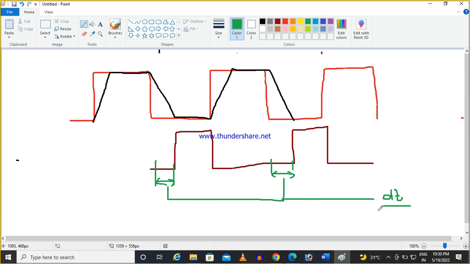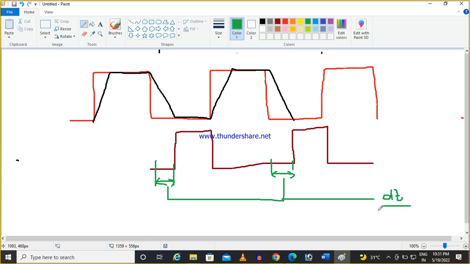So whenever we design the inverter, whether it is half bridge or full bridge, basically we will be doing it through complementary switching by generating the PWM. While generating the PWM, we should definitely take care of this dead time.